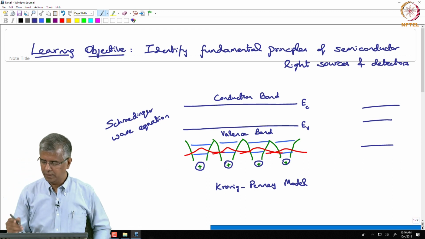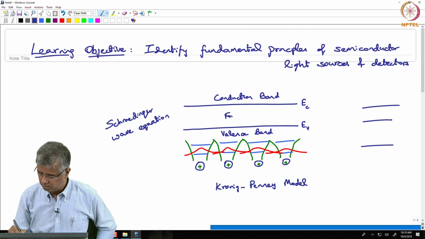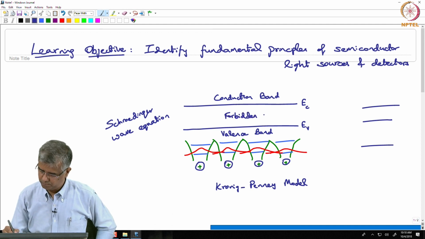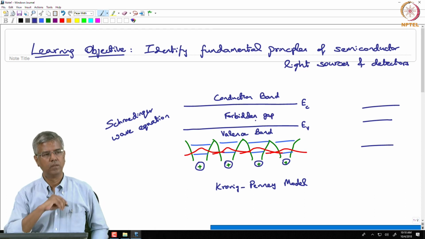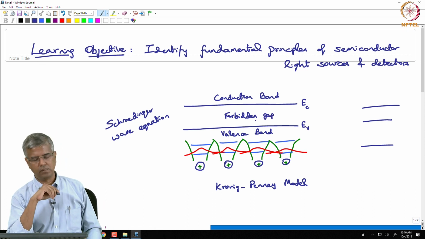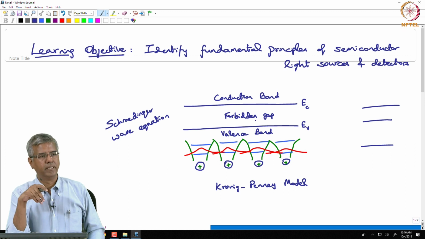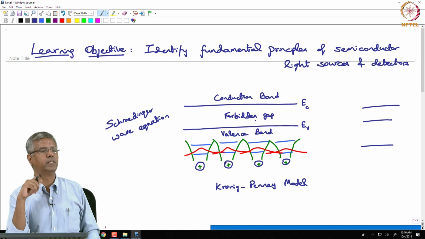What you find is there is actually a forbidden gap. So the electrons cannot exist within this energy level.